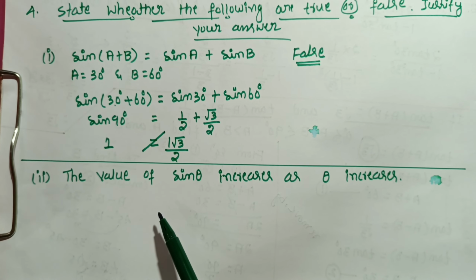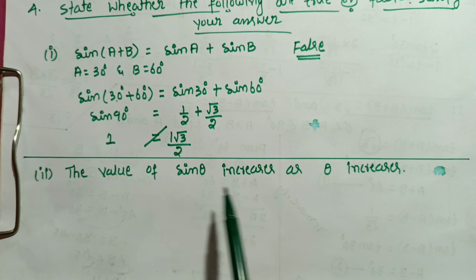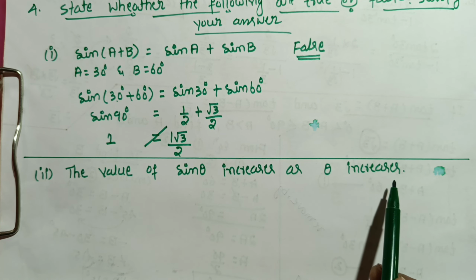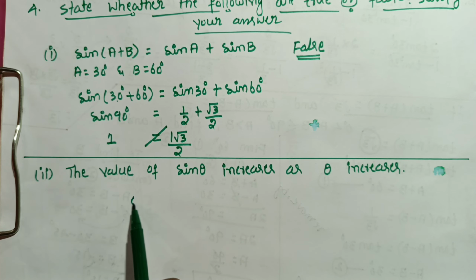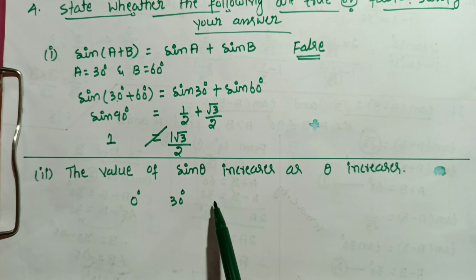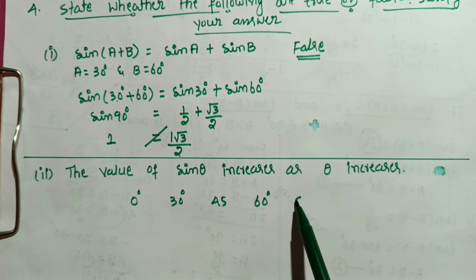Now comes to the second one. The value of sin theta increases as theta increases. It means that, here we need to write the sin theta values. I will write sin 0 degree, sin 30 degree, sin 45 degree, sin 60 degree and sin of 90 degree.